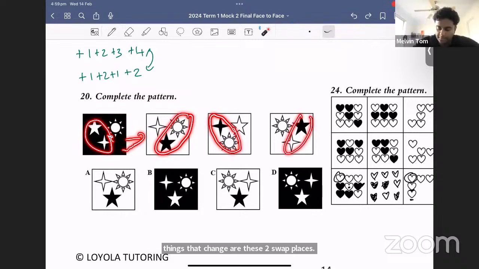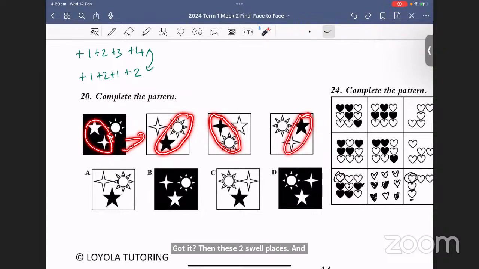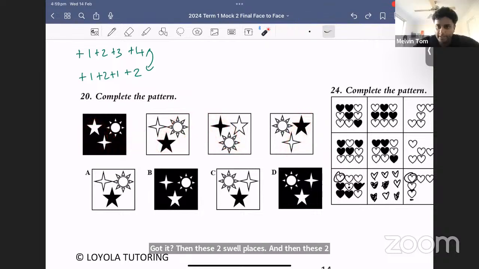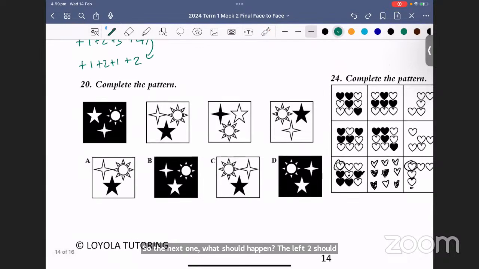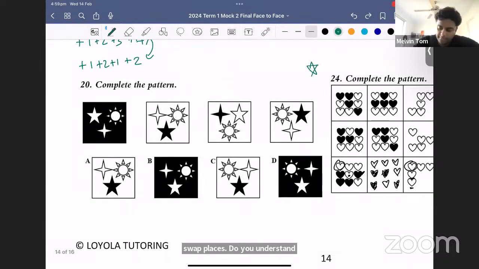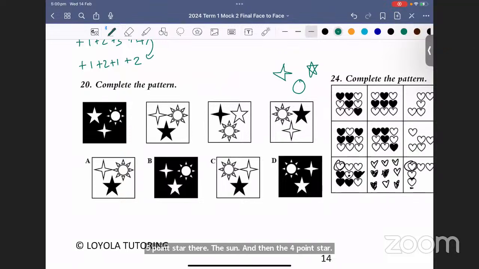And then these two swap places. Do you see a pattern there? Yeah. So the next one, what should happen? The left two should swap places. Do you understand? So the final answer should have the 5-point star there, the sun, and then the 4-point star there. Hopefully you understand what that looks like. Do you get it? Yeah.